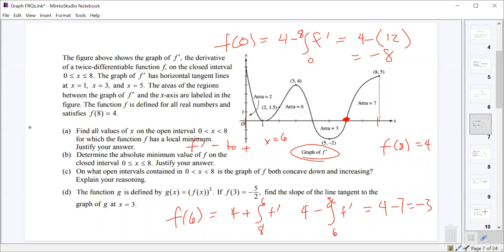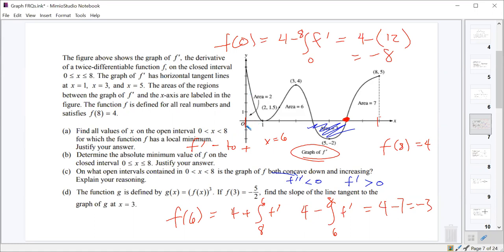Good. Part C, when is f concave down and increasing? So concave down if f double prime is negative, and increasing if f prime is positive. So f prime is positive everywhere but here. And then f double prime is negative if the slope of f prime is negative.